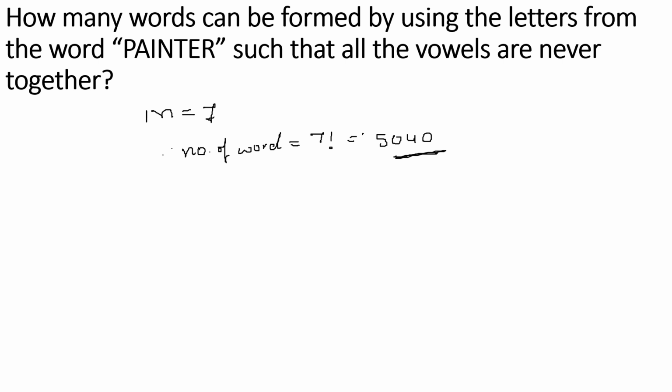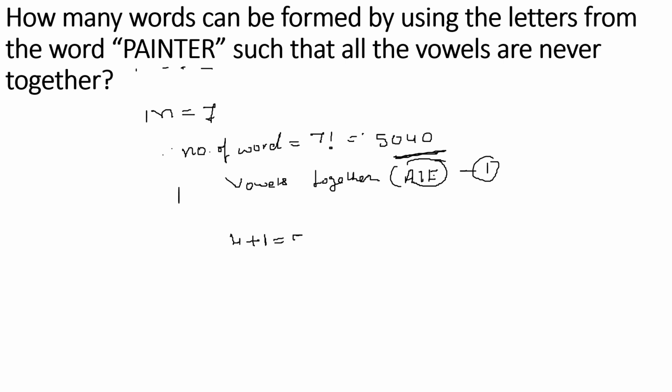Now, we have to find how many words we have all the vowels together. So, to make vowels together, we have how many vowels? In painter, we have A, I, and E. So, we have to consider these 3 vowels as 1. Then the remaining, we have P, N, T, R. So 4 consonants plus 1 vowel, therefore 5.